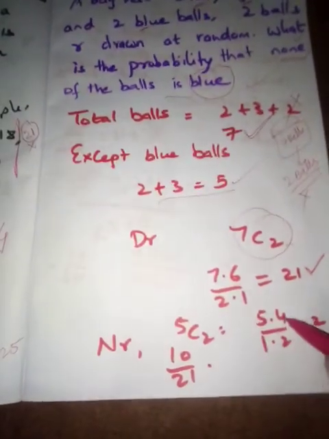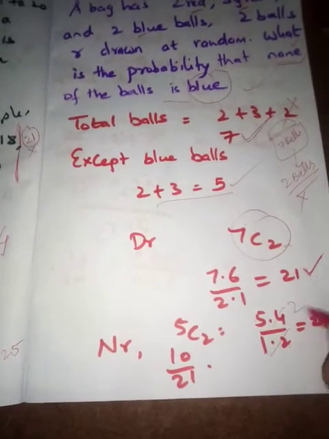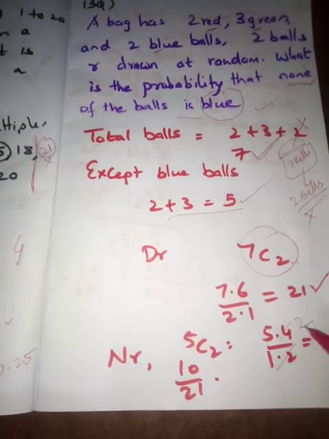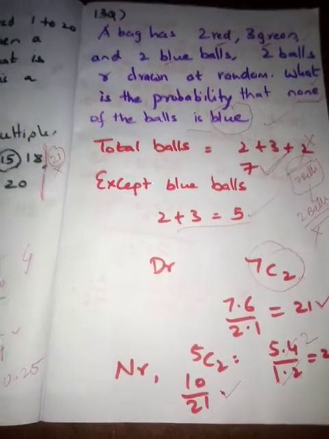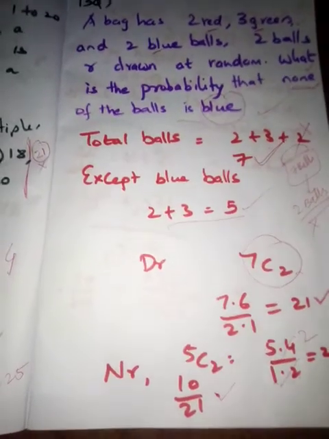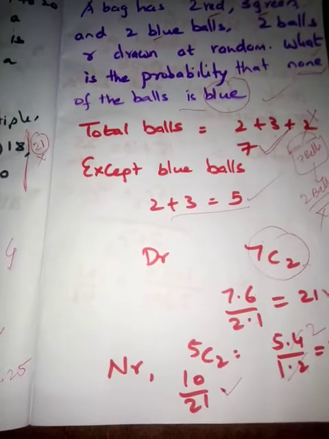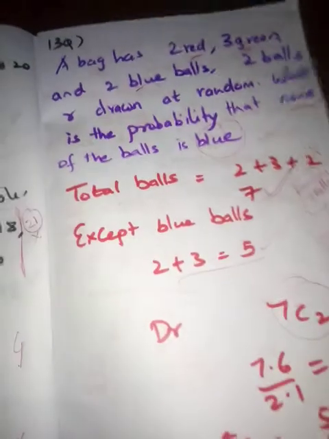So out of 5 we are taking 2: 5C2 is 5 into 4 by 2 into 1, which is 10. So 10 by 21 gives the required answer, 10 out of 21. Let me go for the next one.